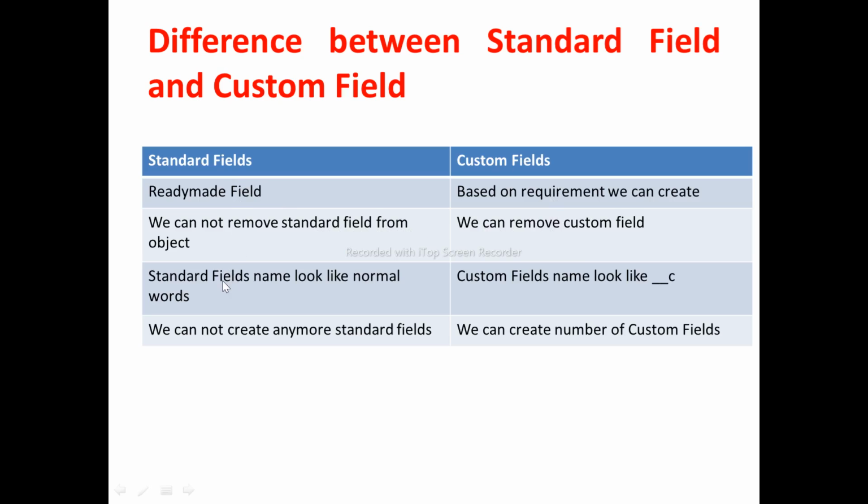Next point is standard field names look like normal words. Custom field names look like underscore underscore c. Next point is we cannot create any more standard fields, but we can create any number of custom fields based on our requirement.